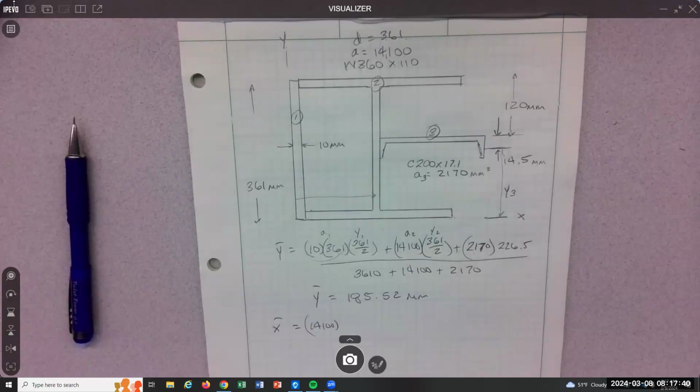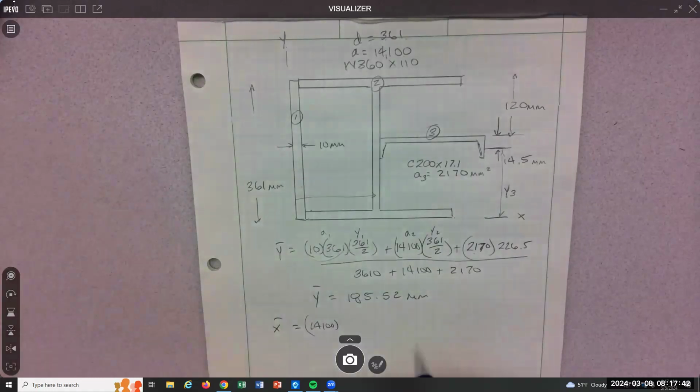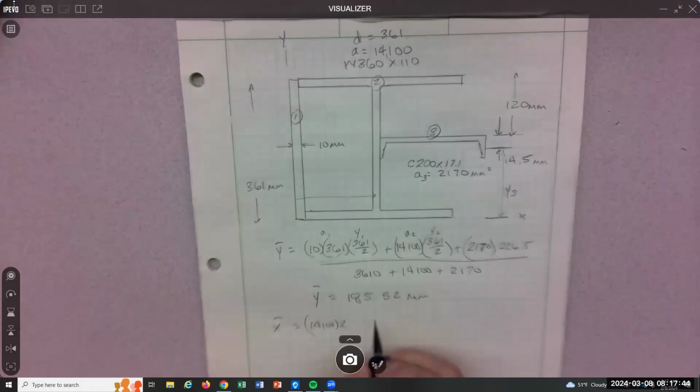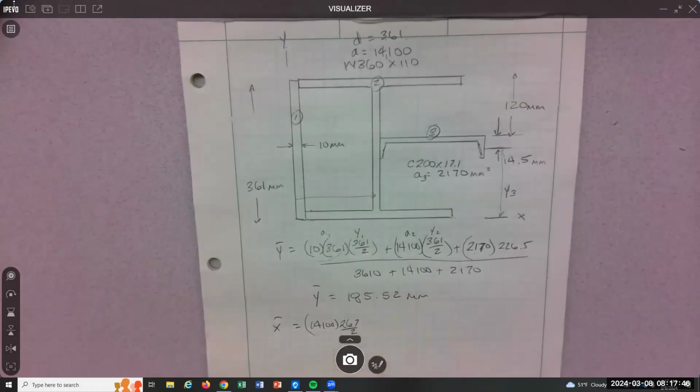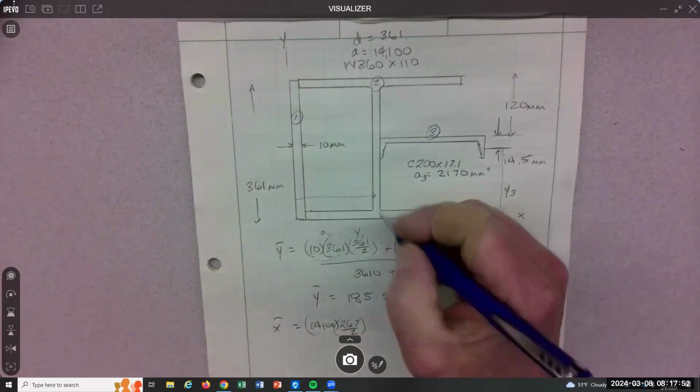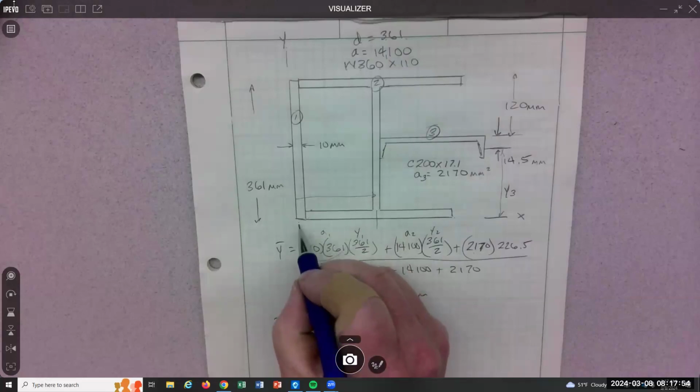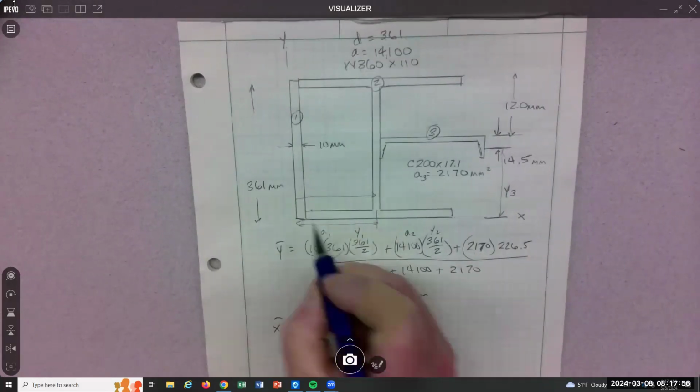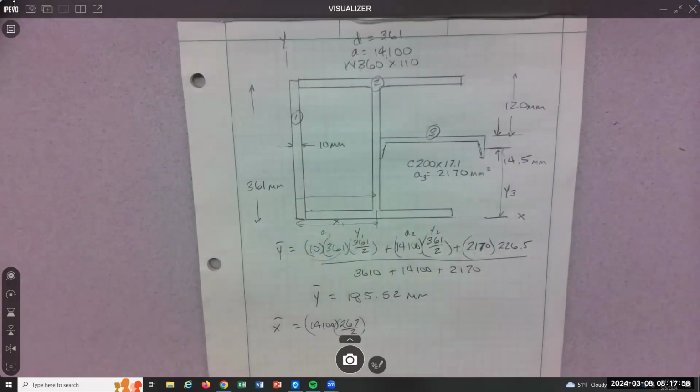So it should be 267. Is that what you said? I just took 267 divided by 2, right? Yeah. Good. Excellent. So that's to here, from here. So that's X1. Whoops. I guess that's X2, isn't it?